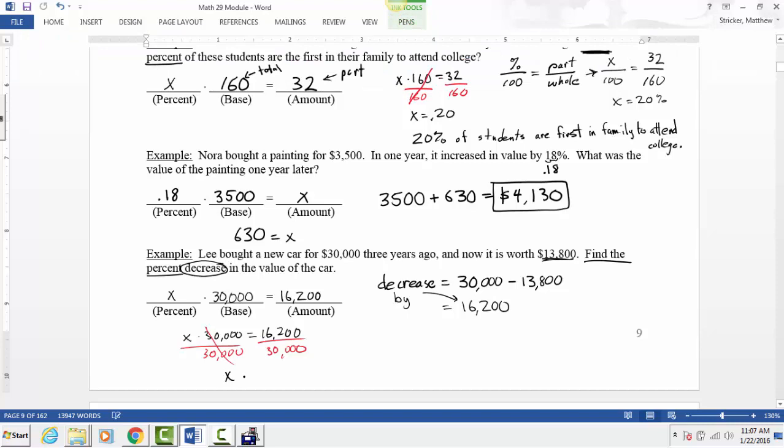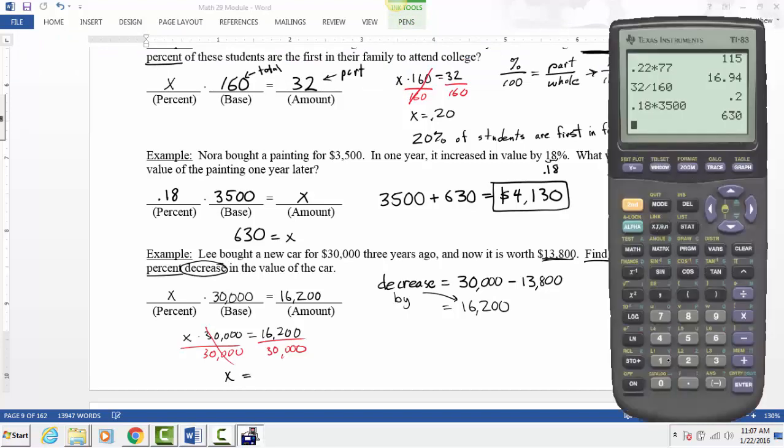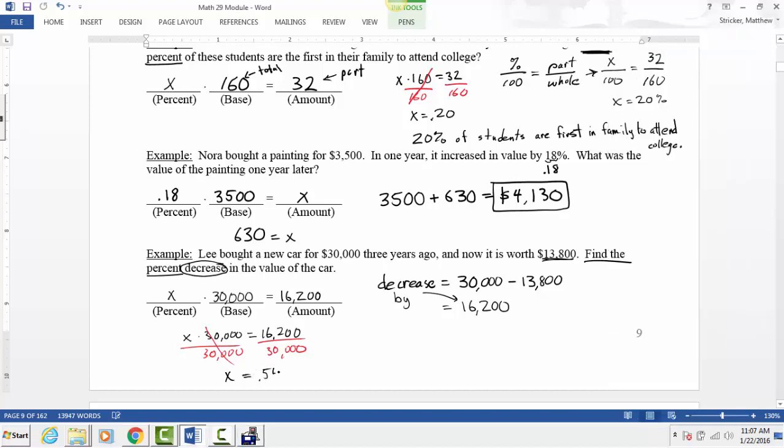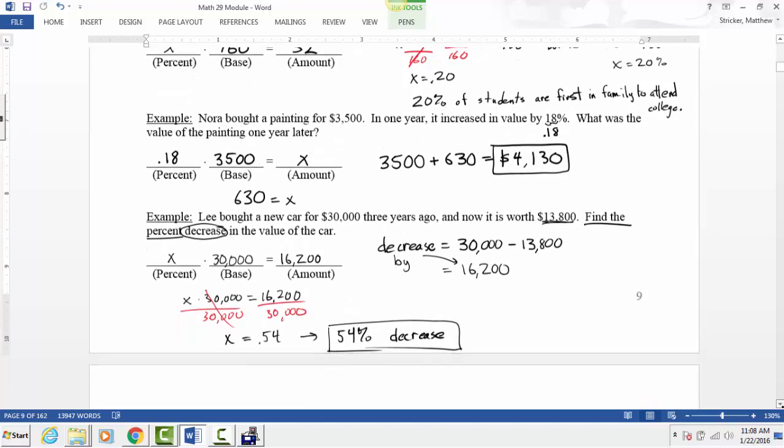And so what we're left with, we have our calculator, we have 16,200 divided by 30,000, and that's 0.54, which is a 54% decrease, which is the reason why I say not to buy new cars, because in 3 years the value of that car decreased by 54%. They decrease most at the beginning of their life.